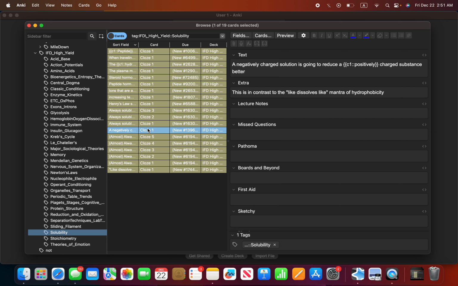So you want to give it an electron. The positively charged substance must love an electron, because the electron can attach to it. So a negatively charged solution is going to reduce the positively charged substance better. Totally makes sense now. It's also good to note that it is in contrast to the hydrophobicity mantra, that like dissolves like.